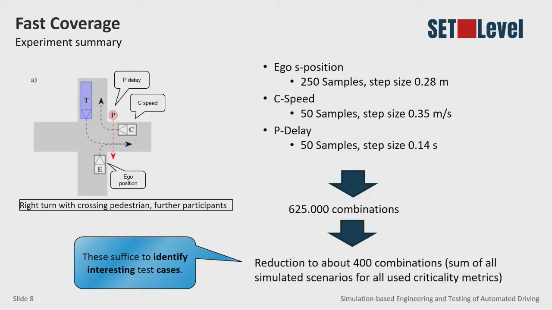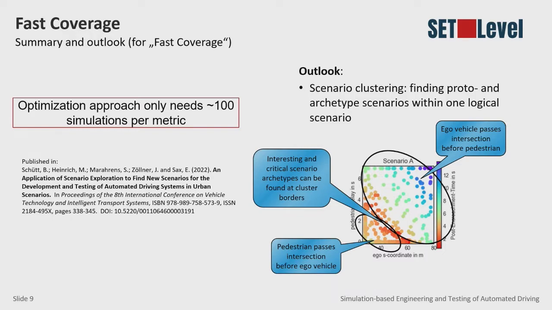And all in all, for all these 6 criticality indicators, there were only about 400 combinations necessary to come to the interesting points and also to see where it is not interesting. This is a pretty good result, a tremendous speed up, so perhaps less than 100 simulations per metric, per criticality indicator.